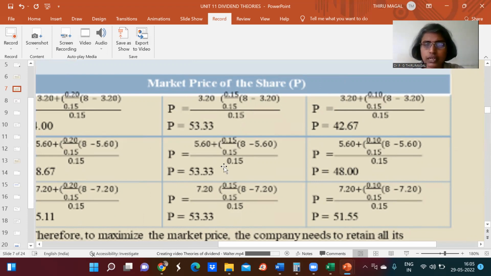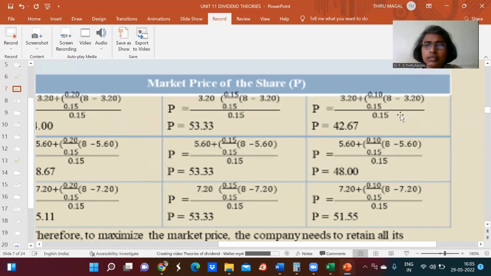Even in case of company Y, whatever may be the dividend, when the dividend is 3.20, 5.6, or 7.20, the share price remains the same. This shows that when R equals K, the optimum dividend payout ratio is not applicable.